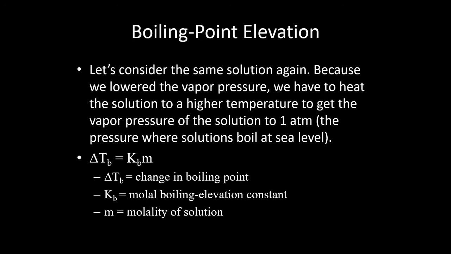That is equal to what we call the molal boiling elevation constant, or boiling point elevation constant, times the molality of the solution. So the change in the temperature of that boiling point is just a constant times the molality. Now that constant is going to be different for every different material, so you will have to look that up if that's not what you're trying to find in the first place with those solutions.